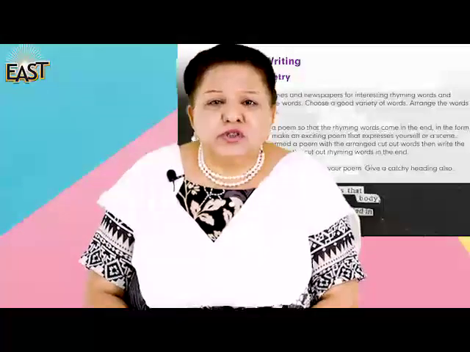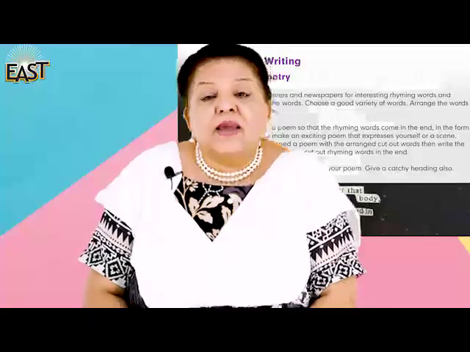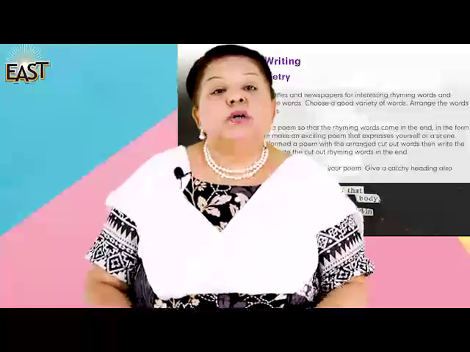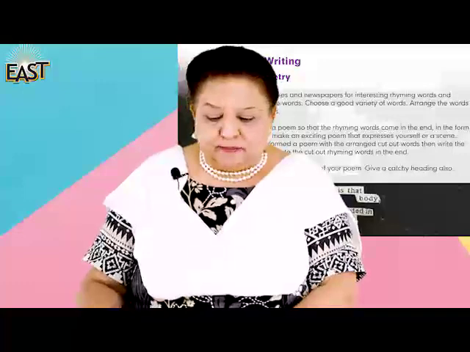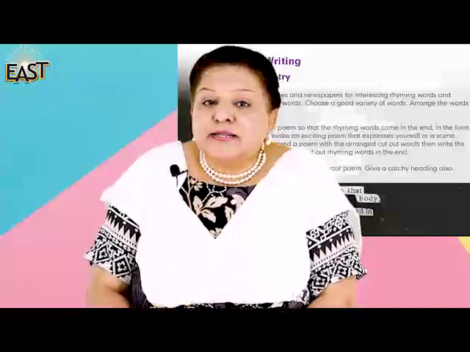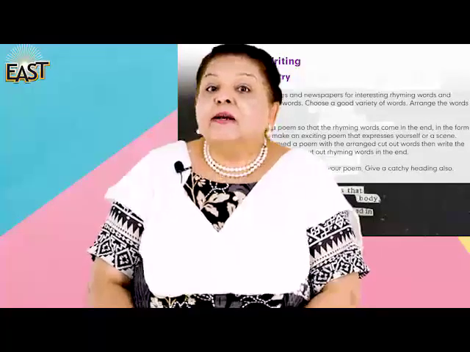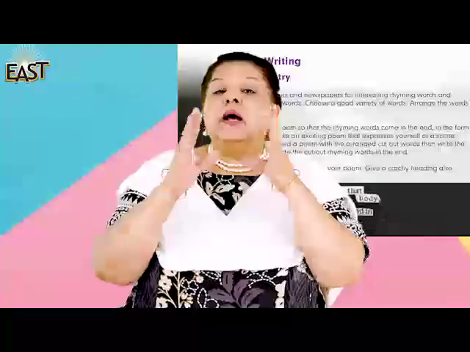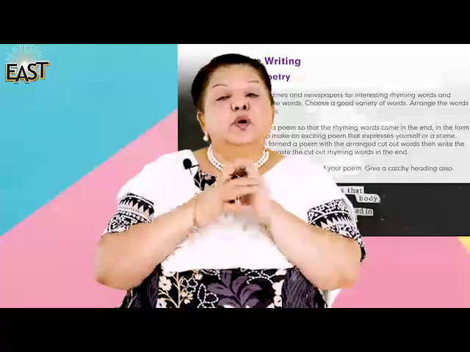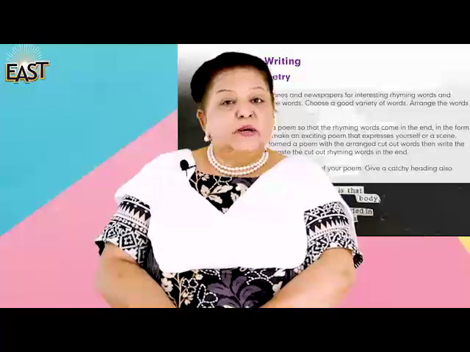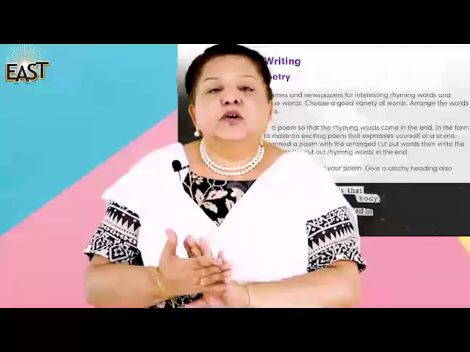What I want you to do is try and see what words are rhyming. Remember, the creative writing is something you're going to do. So we are going to look for words, any words which have rhyming in them, okay?